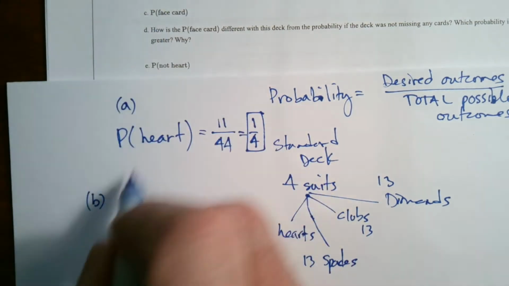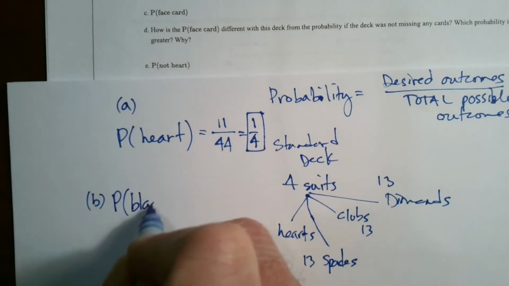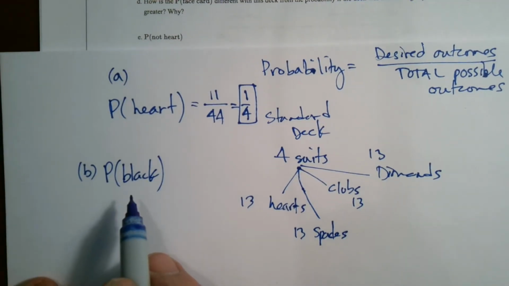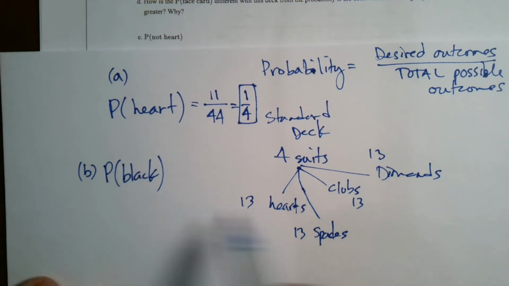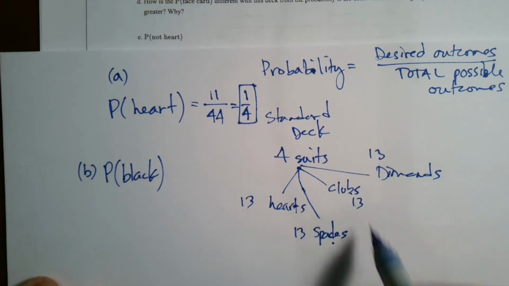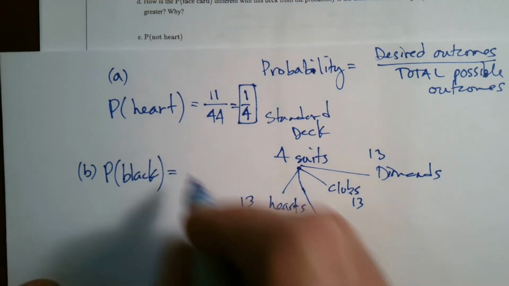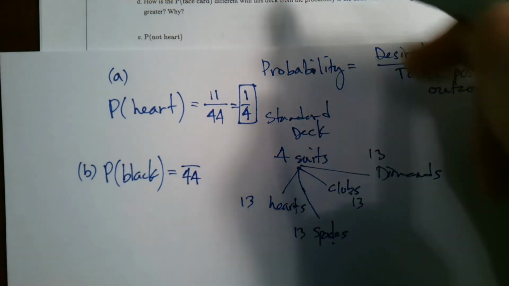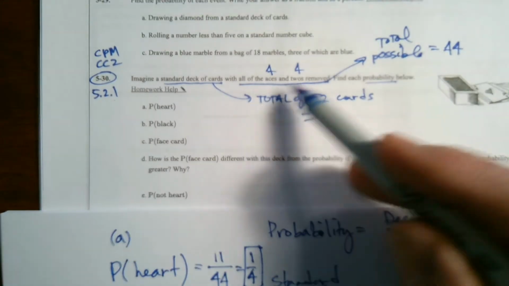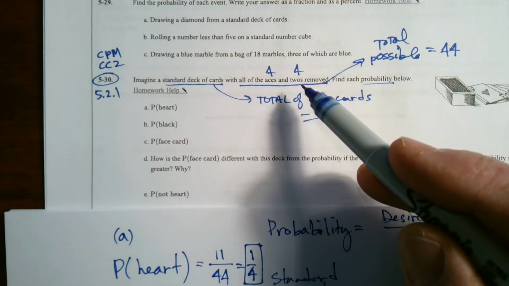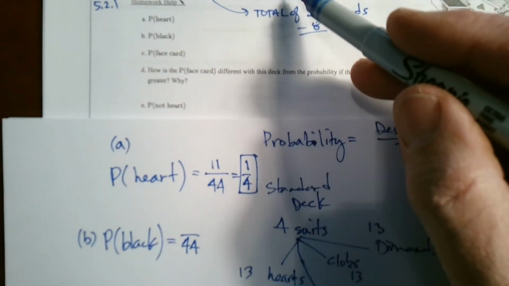Okay, so that's A. What about B? B says the probability of a black. Well, the spades and the clubs are both black, and that's half the deck. My total is 44, because that's what I have left after taking out the aces and twos. There are 2 black aces and 2 black twos, so I've taken 4 of those out.